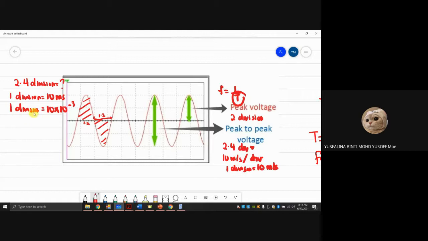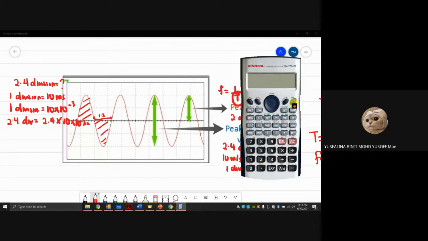So one division is equal to 10 times 10 power of negative 3. Mine is 2.4 divisions, so how many milliseconds is that? You have to multiply: 2.4 times 10 times 10 power of negative 3. How do you calculate that? Use your calculator.